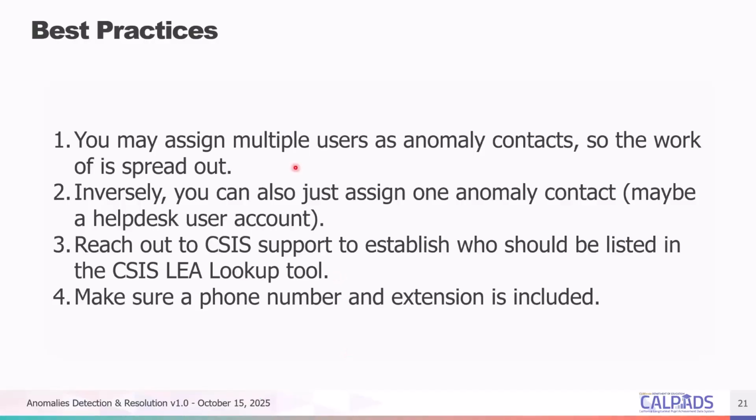Also, once you assign a person as the anomaly contact in both CalPADS and in the CSIS lookup tool, make sure that you have the correct phone number and extension, because it doesn't make sense to just give us the phone number and then try to search for that person in your phone exchange system, right?